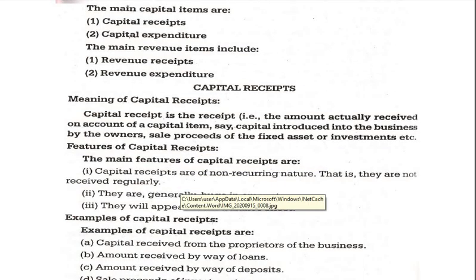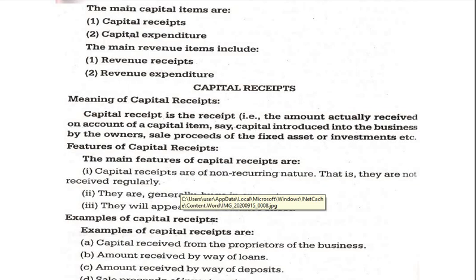What are capital receipts? Capital receipt is the amount actually received on account of a capital item.